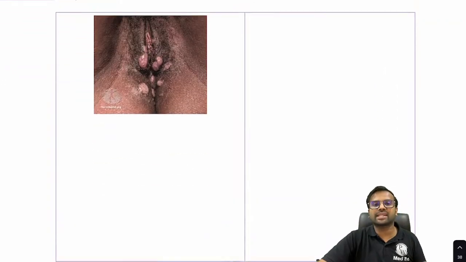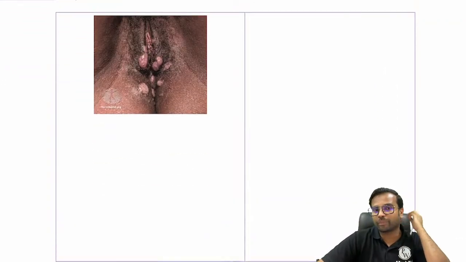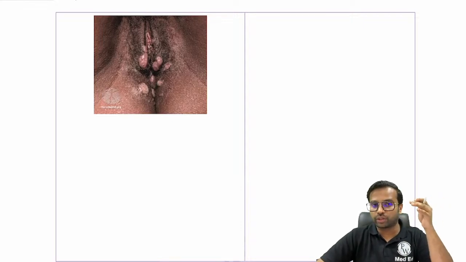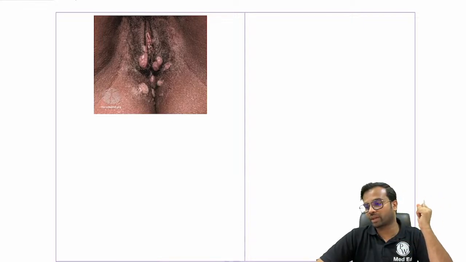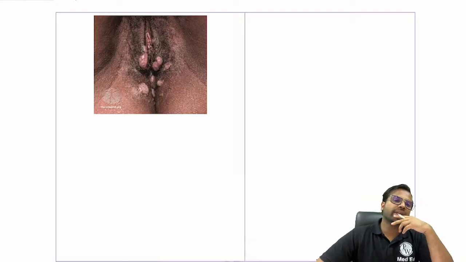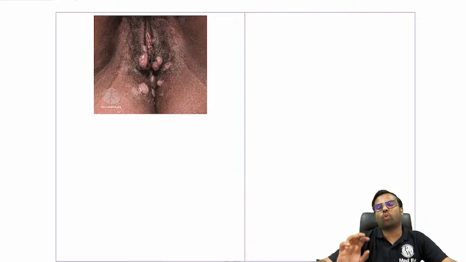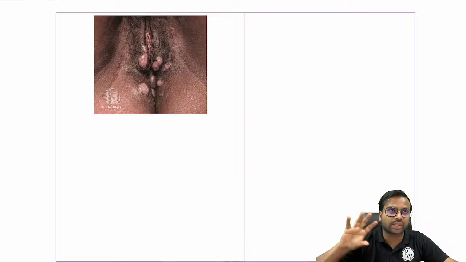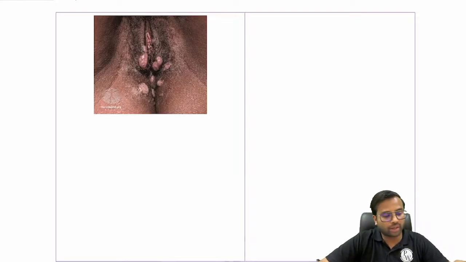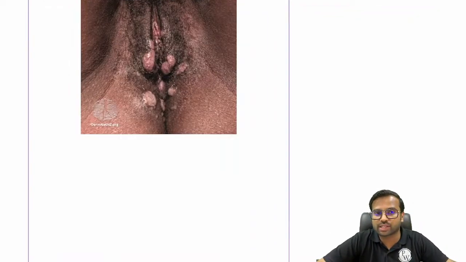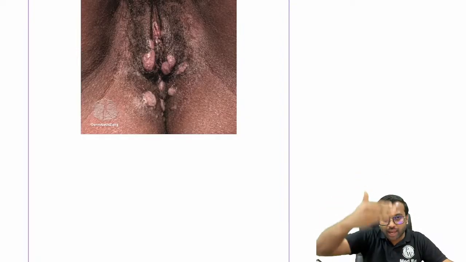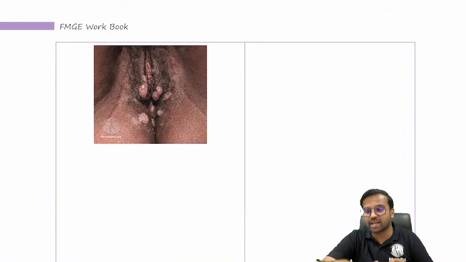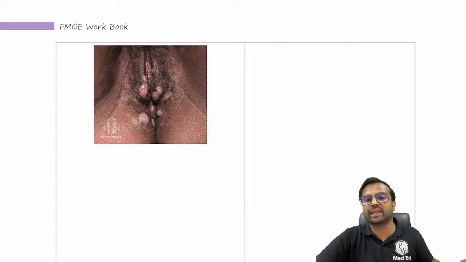Now, this is something tricky, and I wish that all of you answer the correct answer for this image in the chat box. Because earlier we learned about warty lesions in the genitalia. Warty means rough surface lesions. But here it's not rough surfaced. You can see some flat topped lesions in the genitalia. Mahesh is answering it right. How many of you are getting it right?